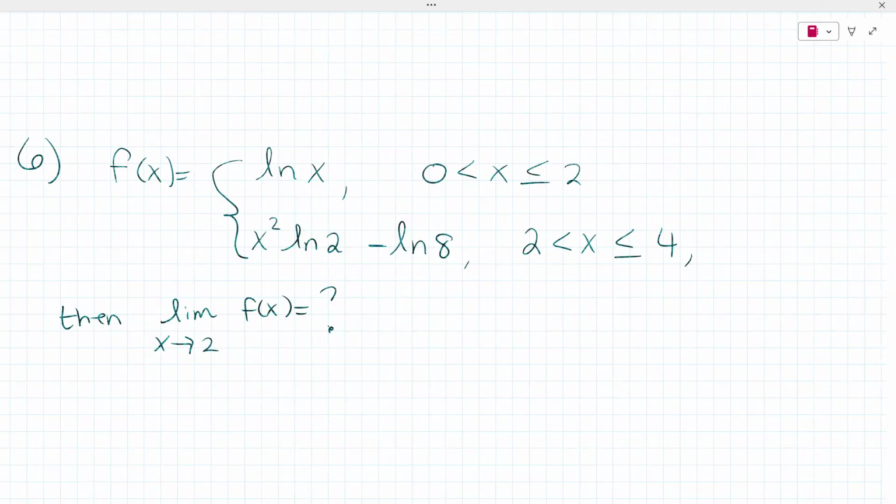So let me write this down. It implies the limit must come in both directions.